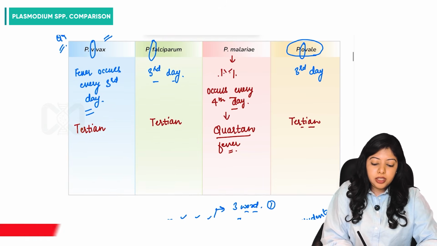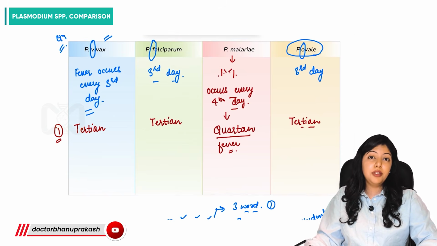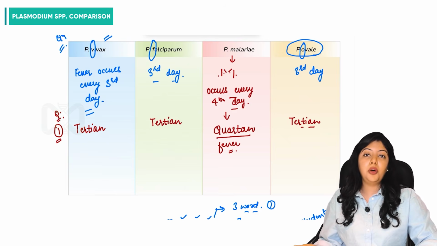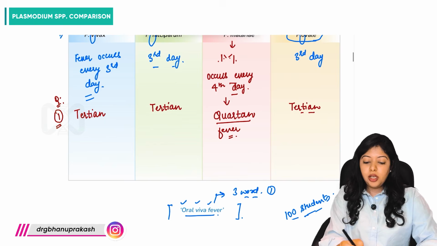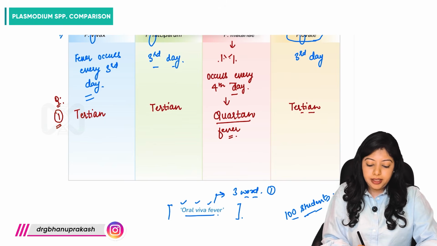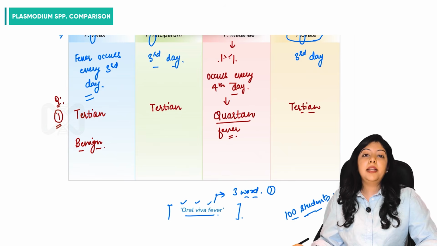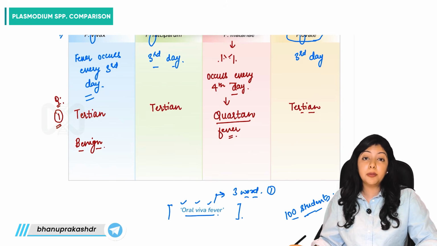Now these are the durations of the fevers, but is it a benign or malignant fever? Is it a less severe form or a more severe form? It is quite often asked which of the following is considered a malignant fever, right? So Vivax gives benign fever. Benign means the patient will have paroxysms of fever, will complain of anemia, and might present with splenomegaly, right?